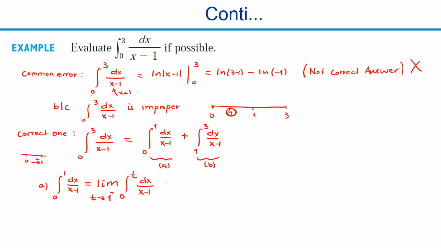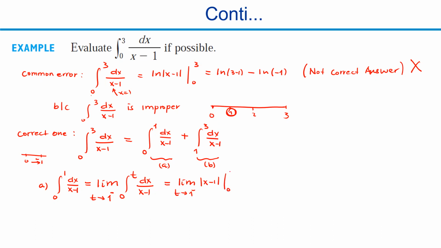Okay, now when we do this, the integration of dx over x minus 1 is simply ln of absolute value of x. So this is the limit of ln of absolute value of x minus 1, as t goes to 1 from the left.